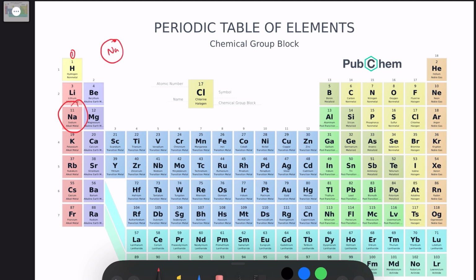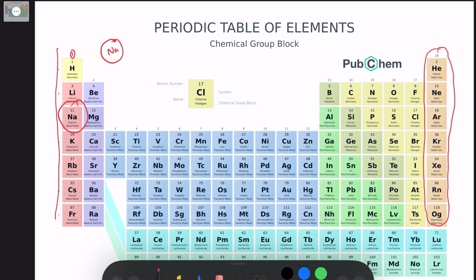It's not convenient. Let's just say sodium's not comfortable. He wants to get rid of it, so he's going to give it away. Usually he wants to be like a noble gas, right? That way he has that perfect outer shell.